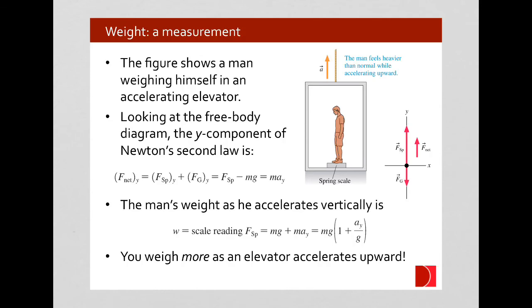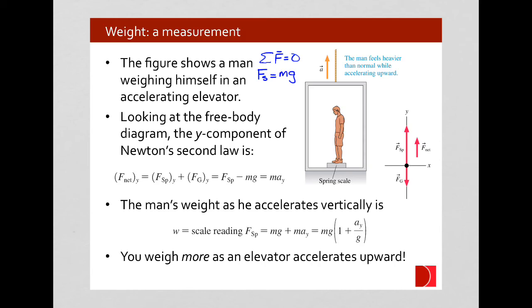Before we were talking about weighing yourself when you are at rest, and in that situation, the sum of the forces is equal to zero. And that was how we got to the fact that the force that the spring is exerting to hold you up, which is the normal force in that situation, is just the force of gravity of you pushing down on it.